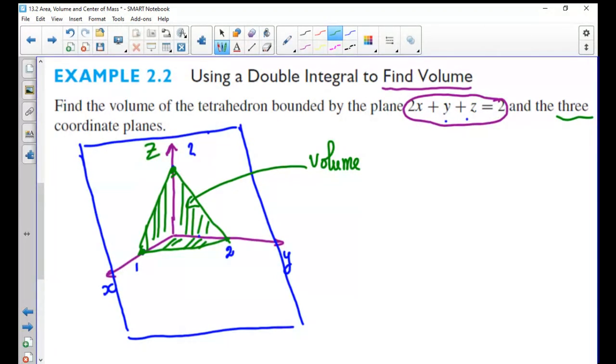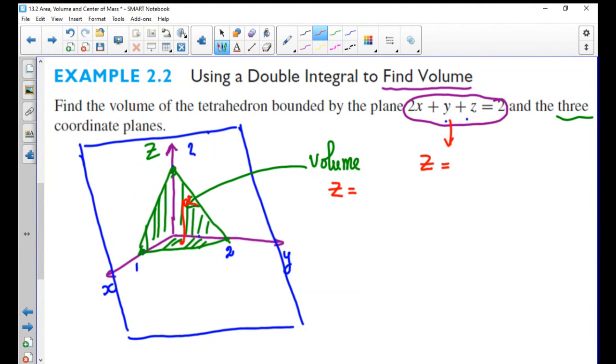Now, to find the volume of this, imagine a line going like this. What is the function here? What is the value of z here? On the green plane, remember its equation is 2x plus y plus z equal 2.